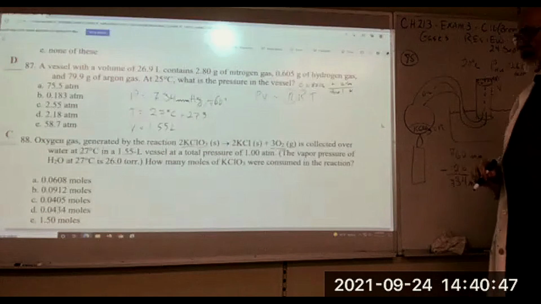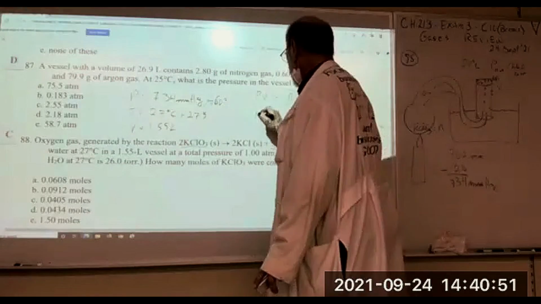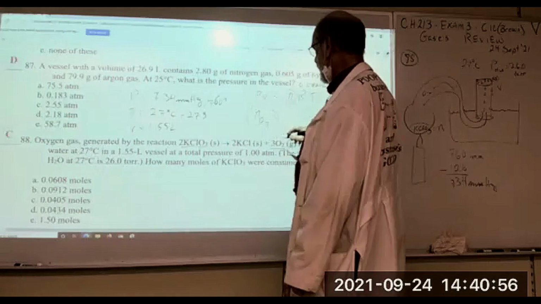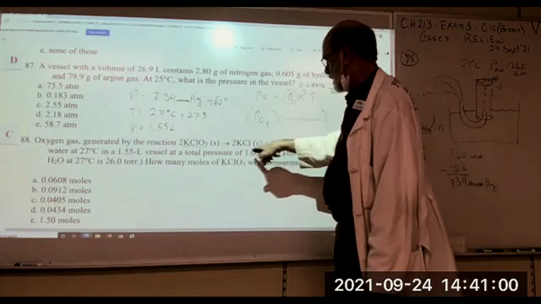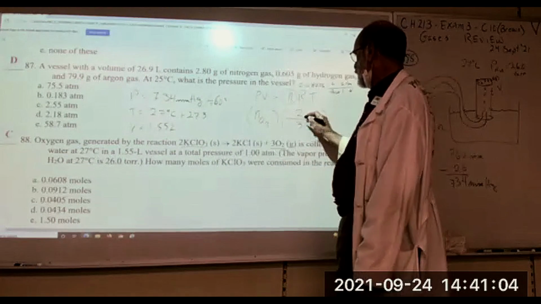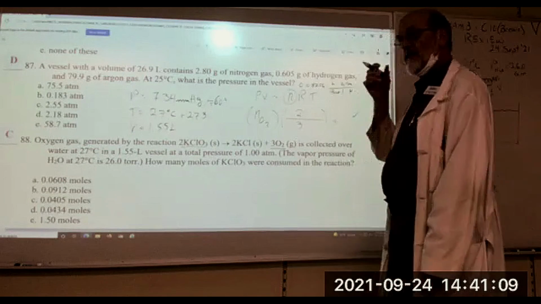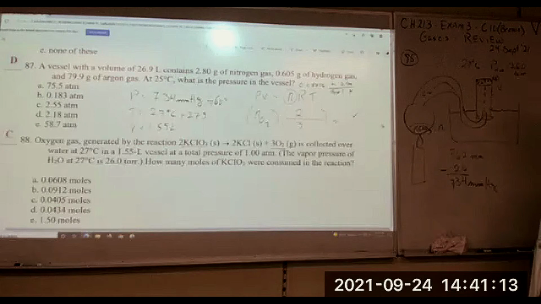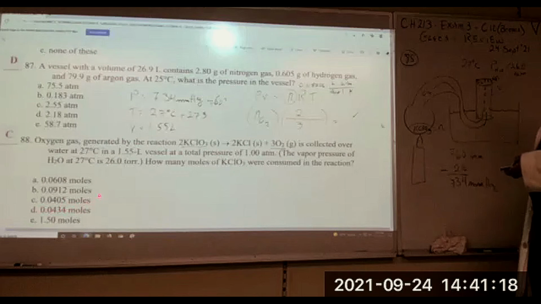Okay? Once you know the number of moles of oxygen, how do you get moles of KClO3? Use the stoichiometry, 3 to 2. So 3 for oxygen, 2 for KClO3, and that's your answer. And it should be 0.0405 moles.